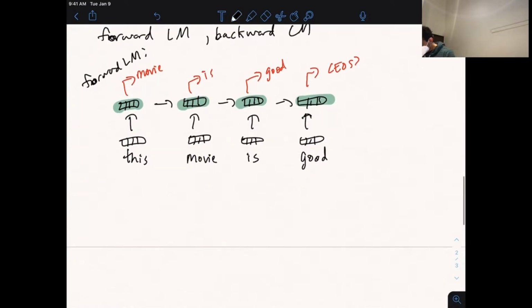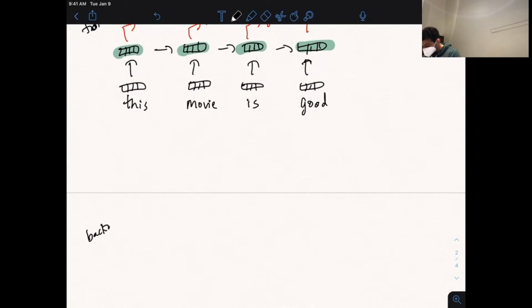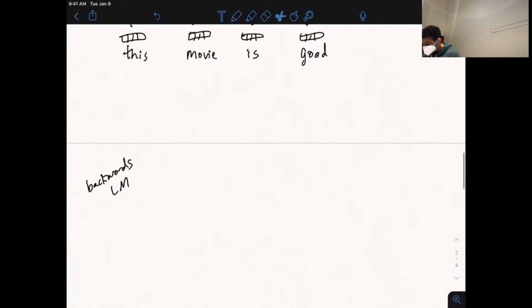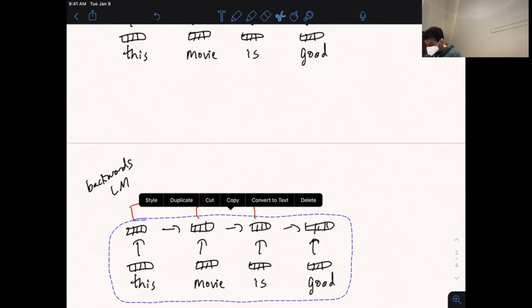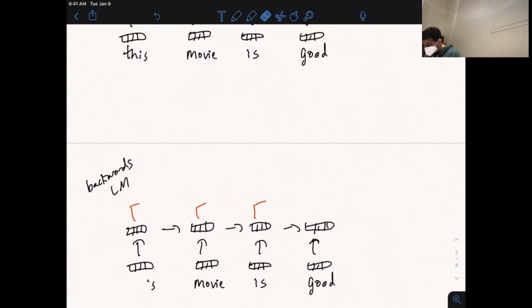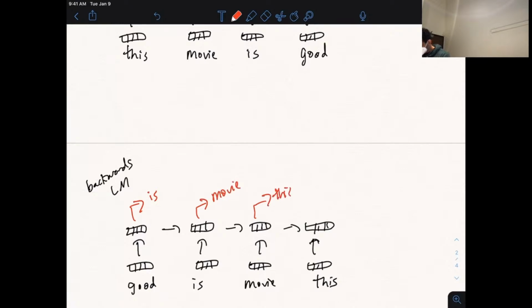The second component is a backwards LM, which looks similar. It has the same architecture. However, the inputs are reversed. So my inputs here would be something like good is movie this, and my predictions would be to predict movie, this, and the beginning of sequence.